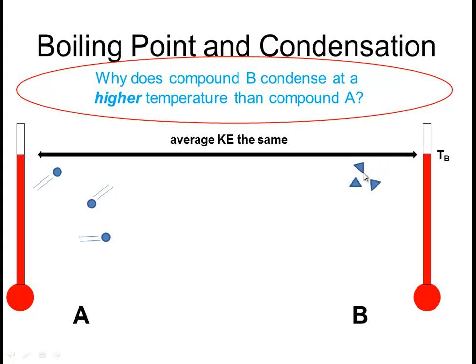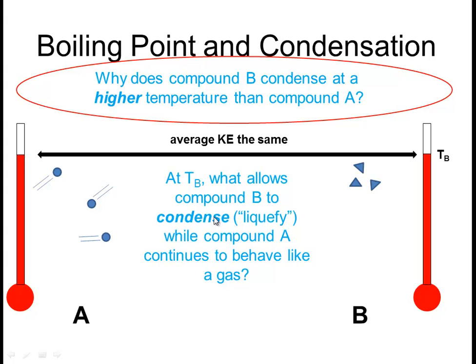It wants to stick together in the liquid phase, but compound A, for some reason, they're just not attracted to each other enough to stick together at that level of kinetic energy, that is, at that temperature. This is one of the really important questions that we want to be able to answer with some confidence by the time we're finished with this unit: at temperature B, what allows compound B to condense while compound A is happy to continue on as a gas?